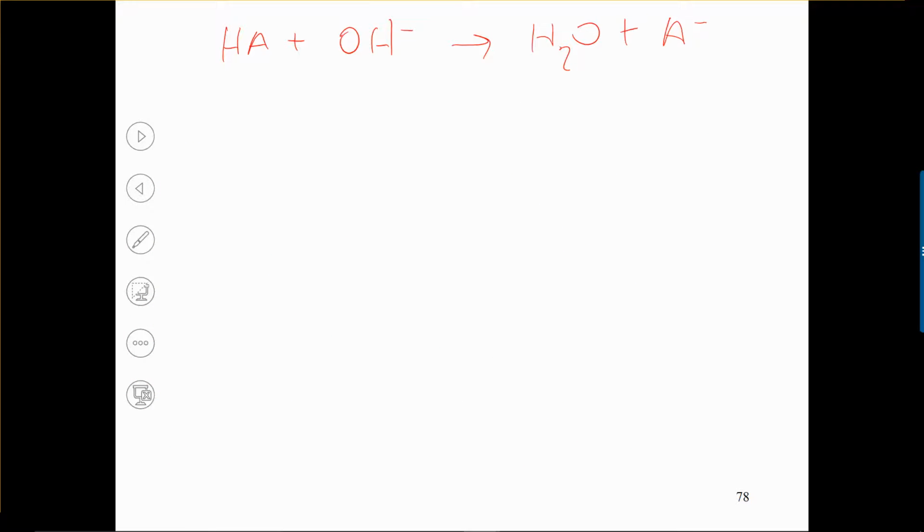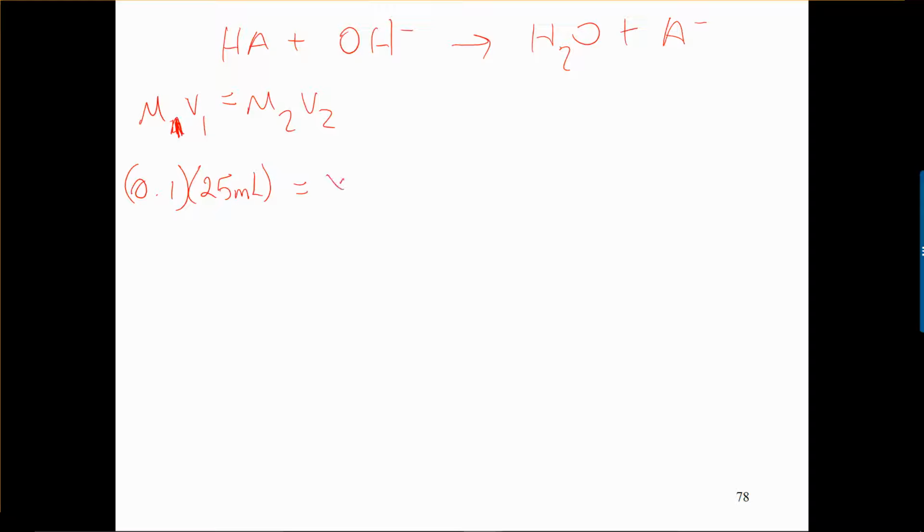For the acid, M1V1 equals M2V2. So we have 0.1 molar times 25 milliliters equals my new molarity times the total volume.